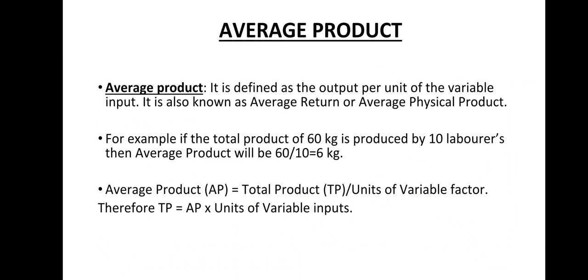For example, if the total product of 60 kg is produced by 10 laborers, then the average product will be equal to 6 kg, that is 6 kg per laborer. It is calculated by AP is equal to TP upon the units of variable input. Therefore, TP is also equal to AP into the units of the variable inputs.